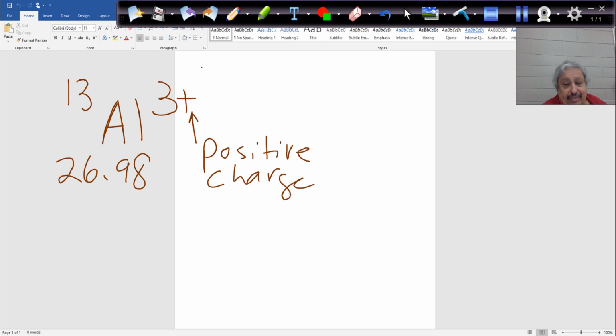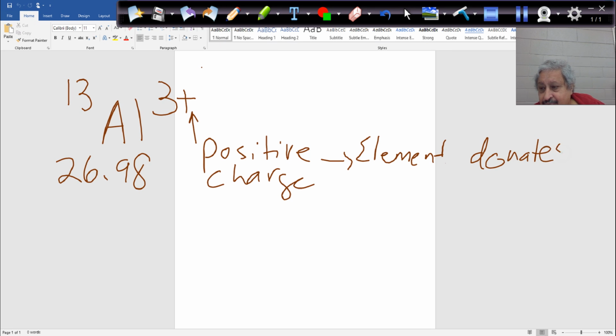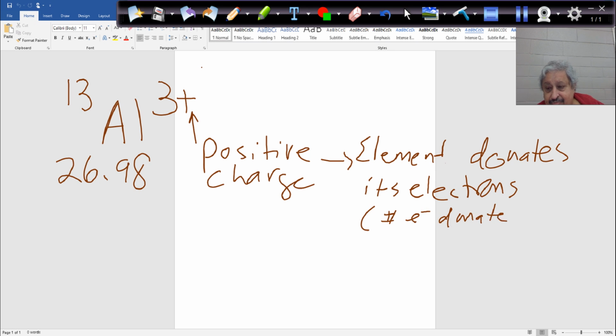It means the element donates its electrons, and the number of electrons donated is equal to the number of the charge.